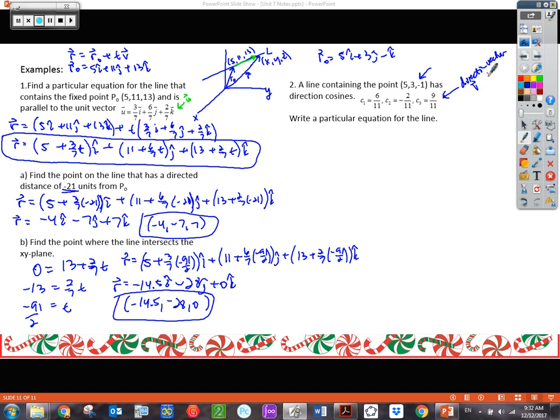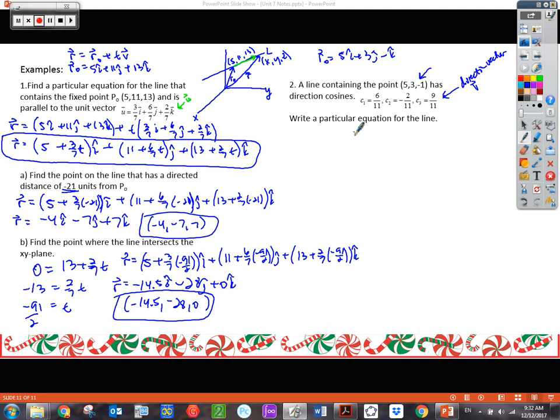And typically vector v is a unit vector. What's a unit vector? Do you remember? It's a vector that has a magnitude of 1, right? And we know how to make unit vectors. That's when you normalize a vector. We learned that in the last unit. So many times, like they gave us here, we have the direction cosines, which will give us a unit vector when we write it.